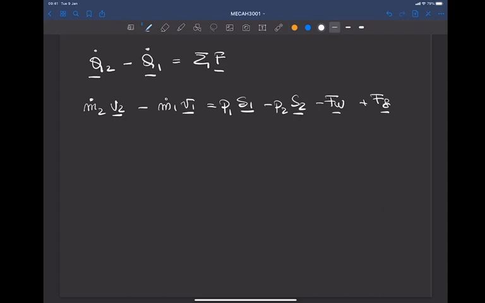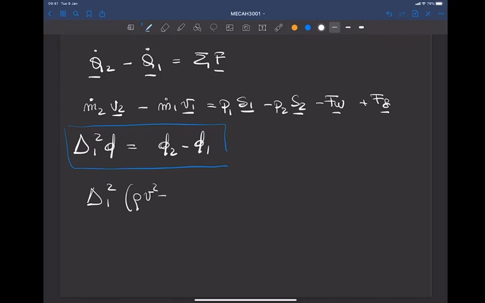Okay, so now what I can also do here is use the delta Kronecker. So delta 1 2 of phi means simply phi 2 minus phi 1. Okay, so I use this symbol here, and so I could rewrite everything as delta 1 2 of rho v square plus the pressure times the section.